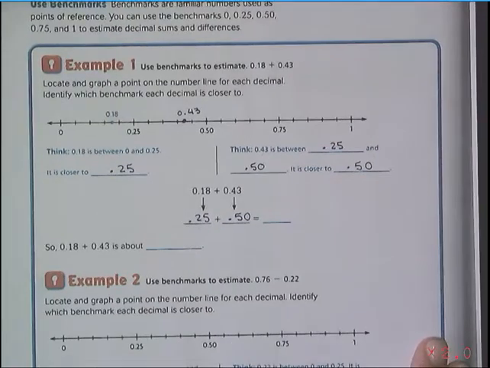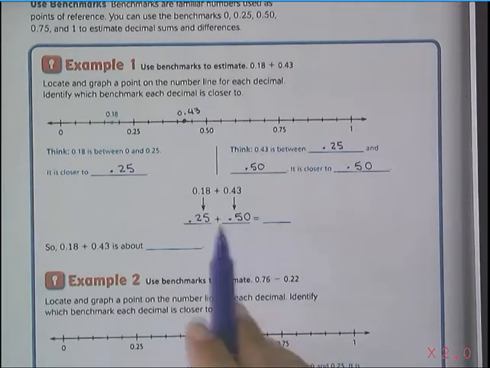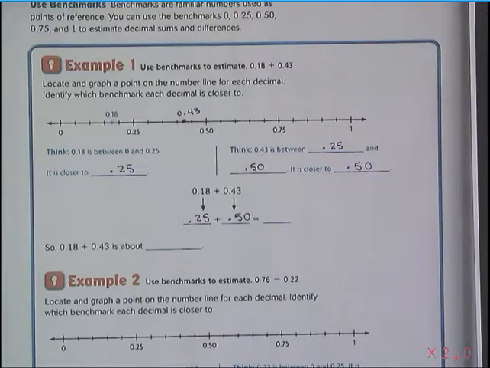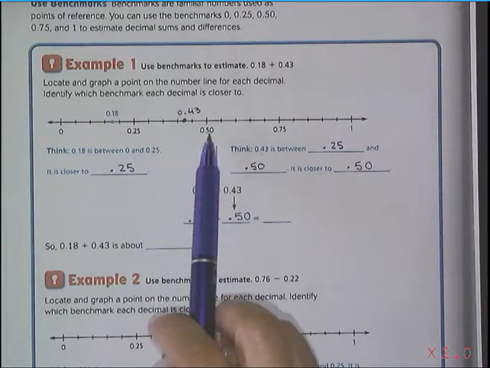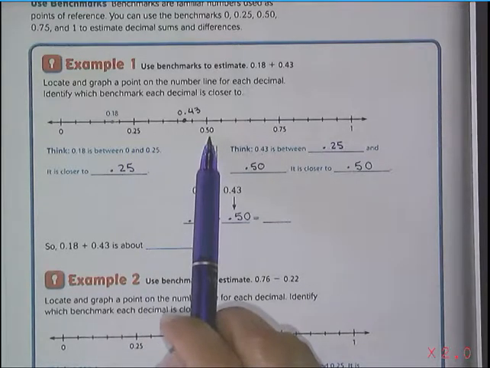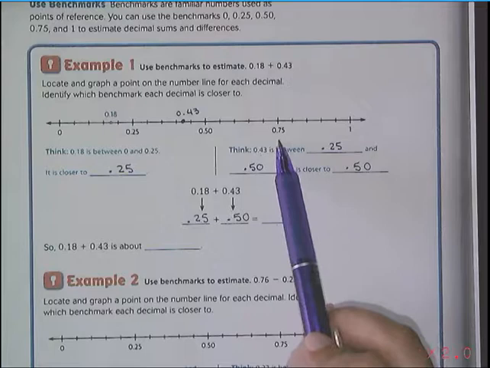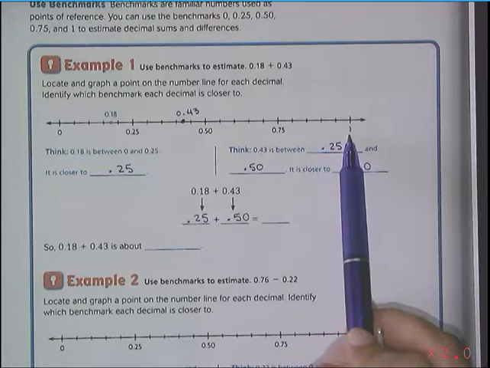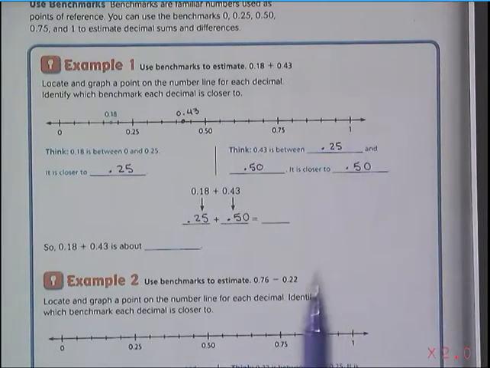Okay. So now, of course, we need to find our sum because we are adding. I like to think of these, if it helps you guys, in terms of money, right? 25 cents is a quarter, 50 cents is 2 quarters, 75 cents is 3 quarters, and $1 is 4 quarters.